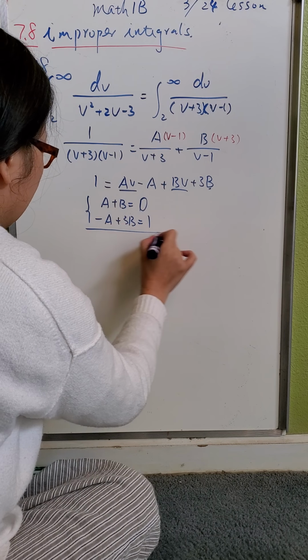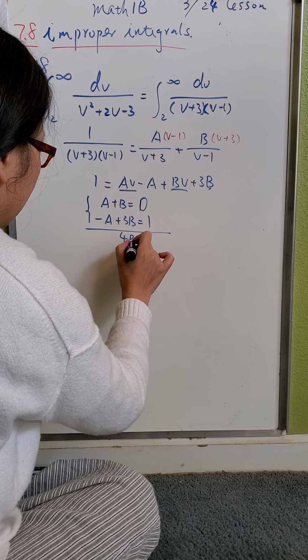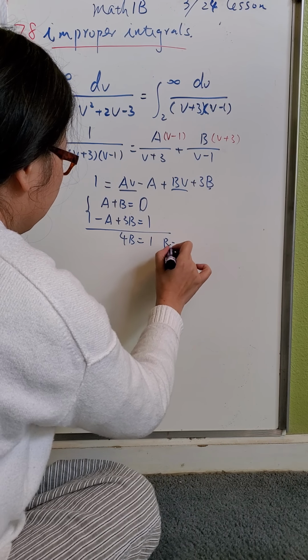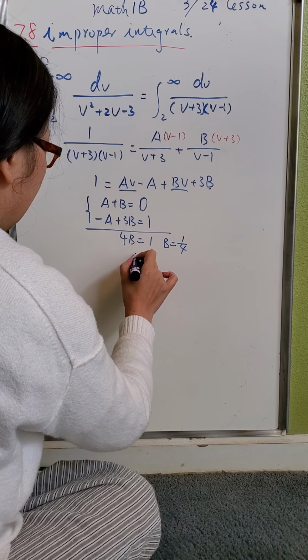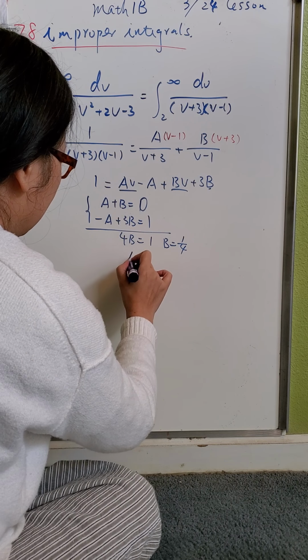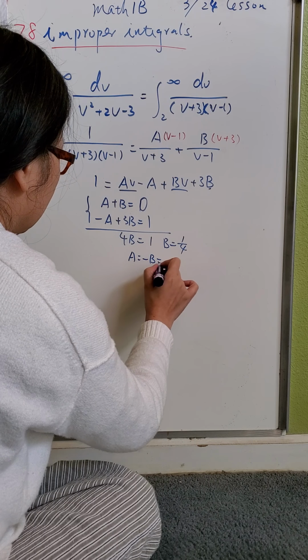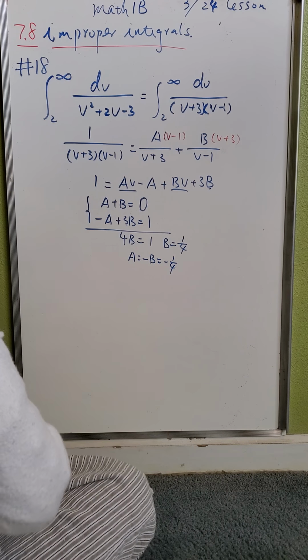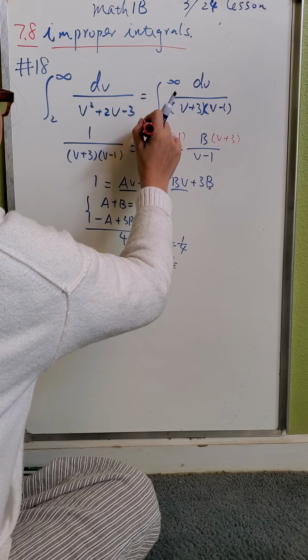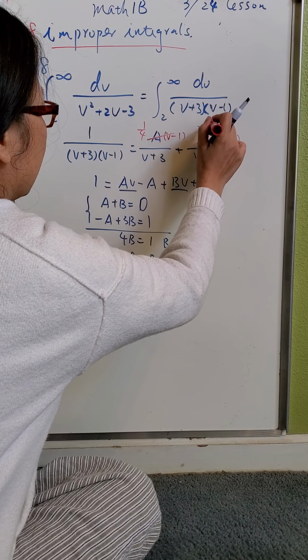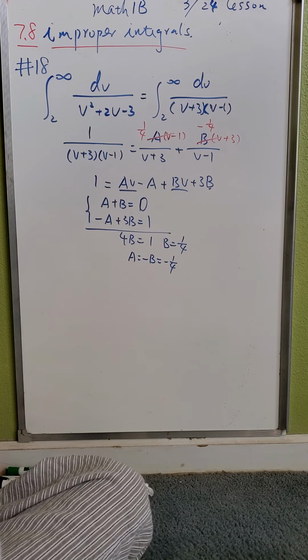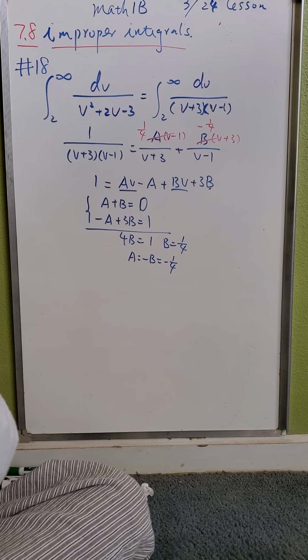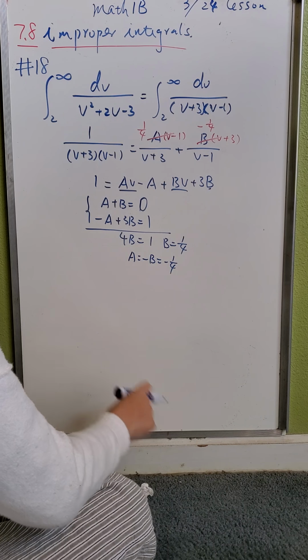When I add together, this becomes 4B equal to 1, and B is equal to 1/4. Then A is equal to negative B, equal to negative 1/4. So that means this is equal to 1/4 times the difference of the two fractions.